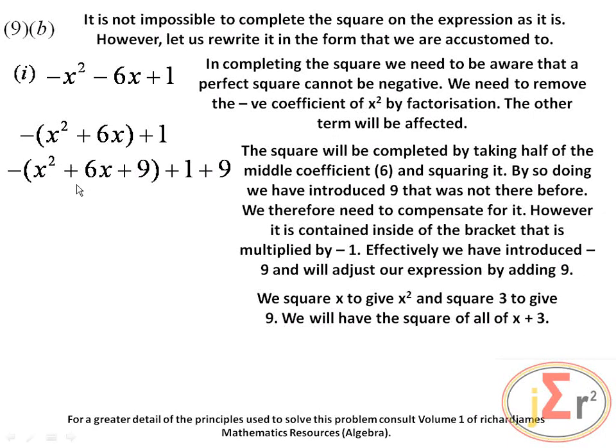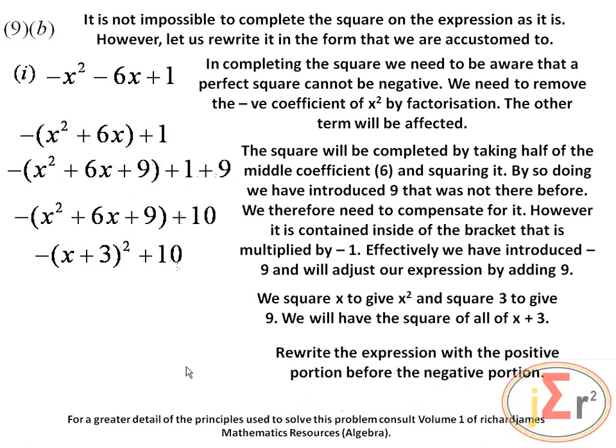But this term that we have here is positive. We are therefore sure that it is a positive 3 that was squared. So we have x plus 3 all squared plus, of course, 9 plus 1 is 10.